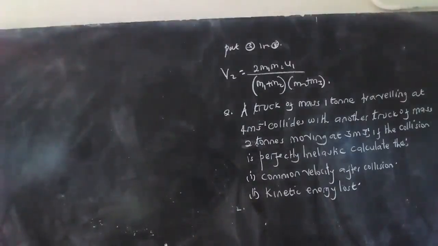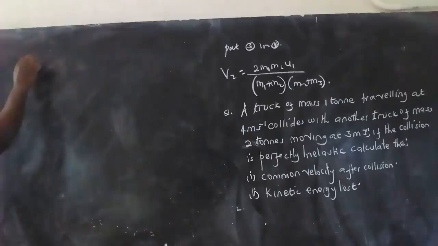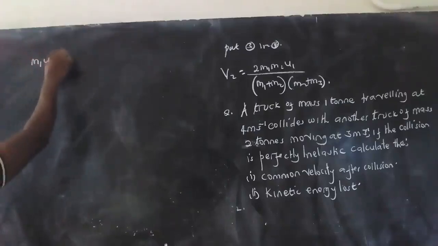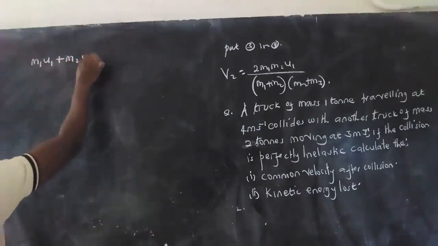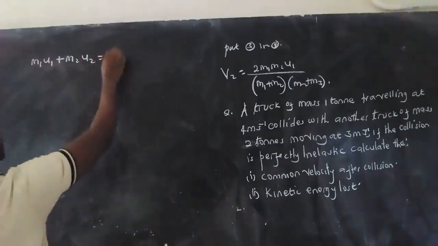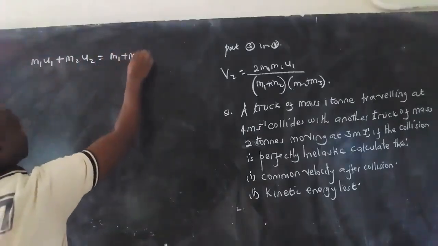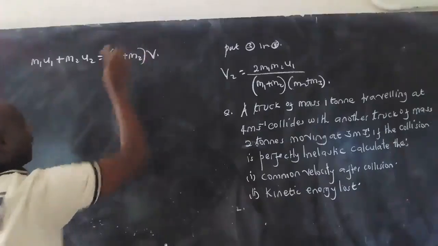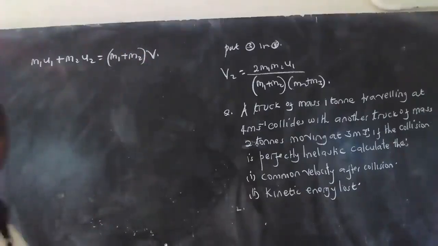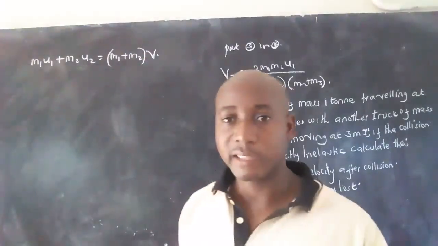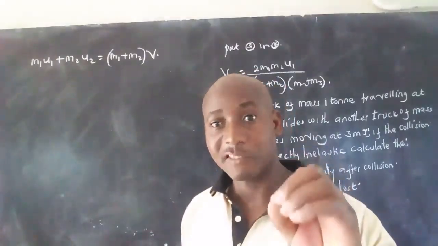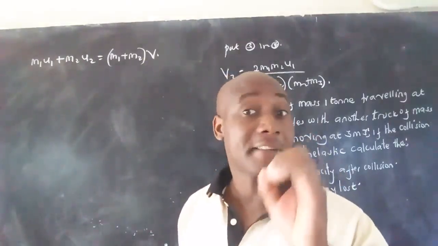since the collision is perfectly inelastic, it means that m1 u1 plus m2 u2 is equal to m1 plus m2 times v. But if these bodies were moving in the opposite direction, then one of them will have a negative momentum, since momentum is a vector quantity.